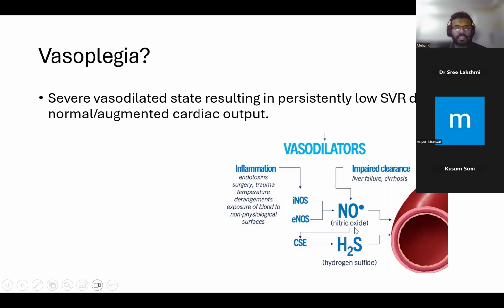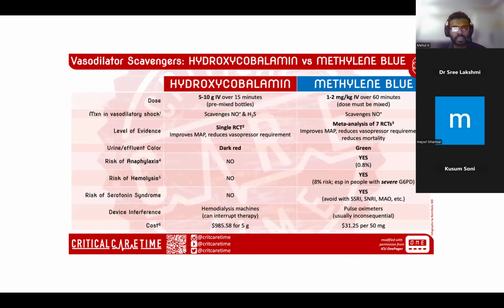So these things can produce a very vasodilated state that is not responding to other therapies. The three main conditions where this is seen are sepsis, cirrhosis, and patients undergoing cardiopulmonary bypass, due to exposure of blood to non-physiological surfaces. That can also lead to a release of these mediators.